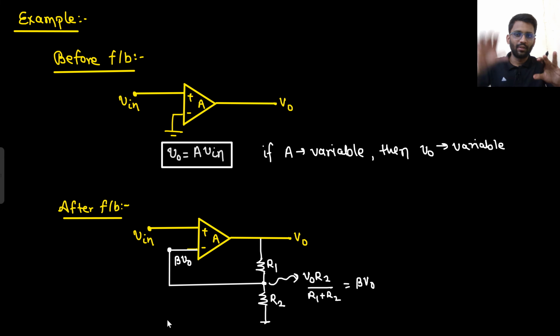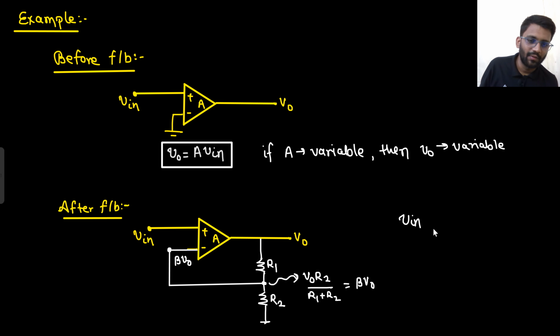First it was open loop, V in, V naught. You took some portion of output and fed it back to the input. Now what will be your output? V in minus beta V naught, V positive minus V negative, into A equals V naught. So V naught by V in you get is A upon 1 plus A beta.